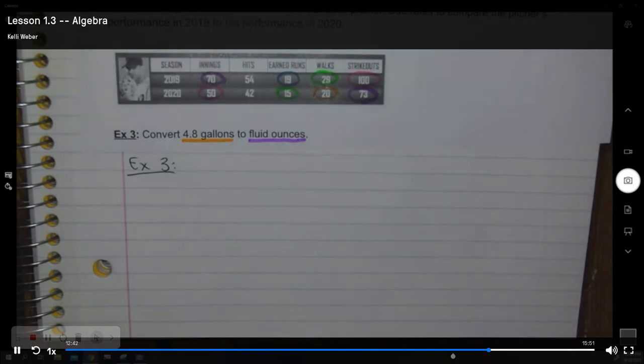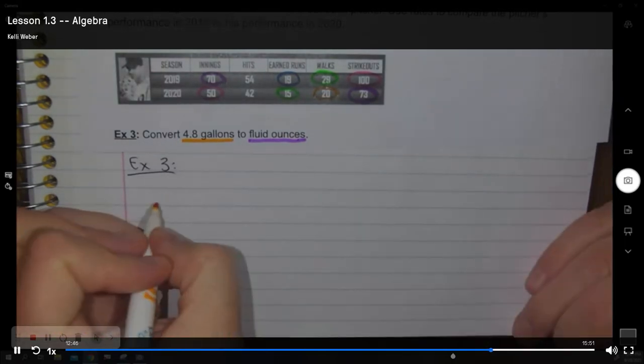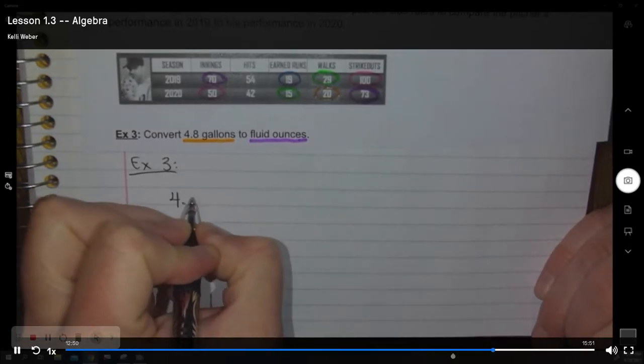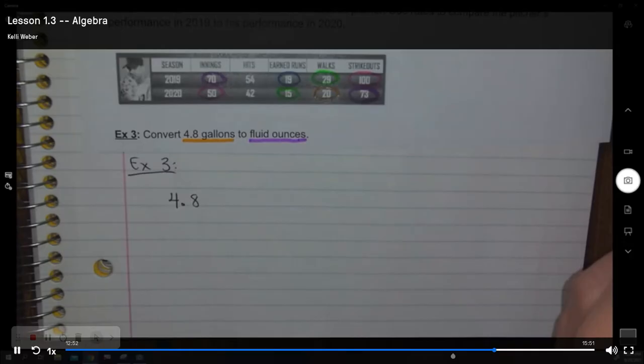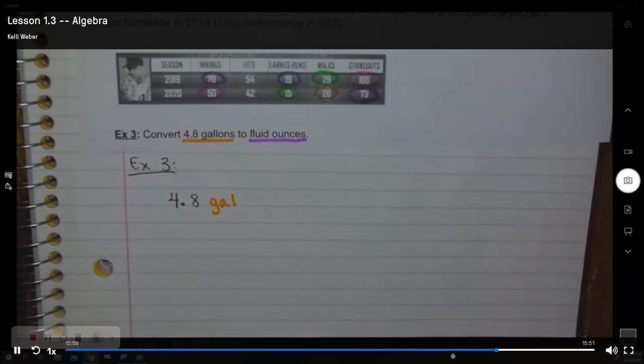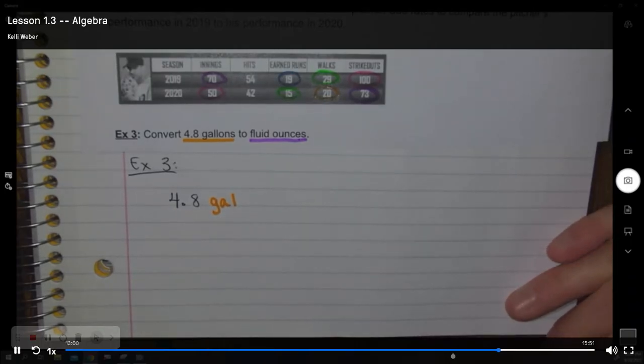So in order to do that, we need to know some information. First of all, we are starting with 4.8 gallons. Really important to use your labels when you're converting from one unit of measurement to another. So we have 4.8 gallons.